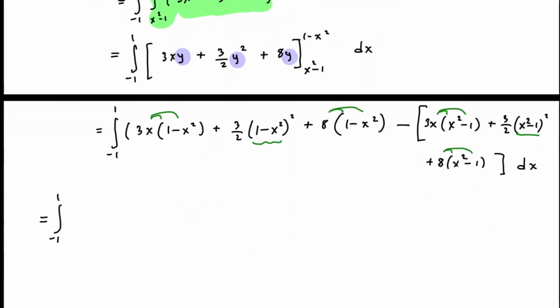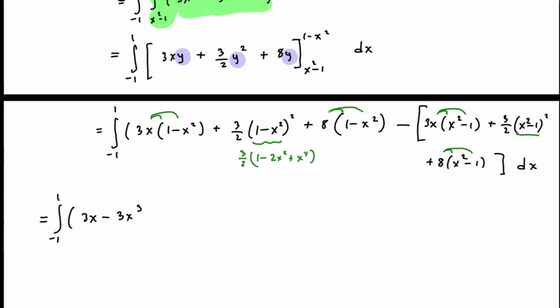So we have 3x minus 3x cubed for the first part. Here, if I expand this, this will give me 1 minus 2x squared plus x to the 4th, and then that gets 3/2.